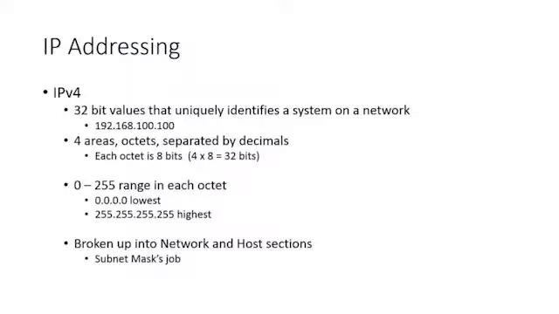That's right. That's where we get a 32-bit number from. Now, each octet has a particular range. We can't just stick any number in there that we want to. It has to be anywhere from 0 to 255. And there are some reserved IP addresses in there. But as far as the range goes, we can have 0 to 255 in each one of those octets.